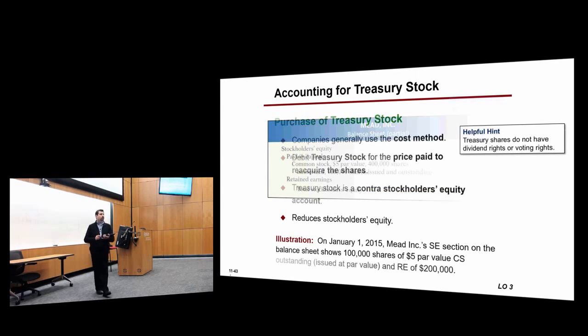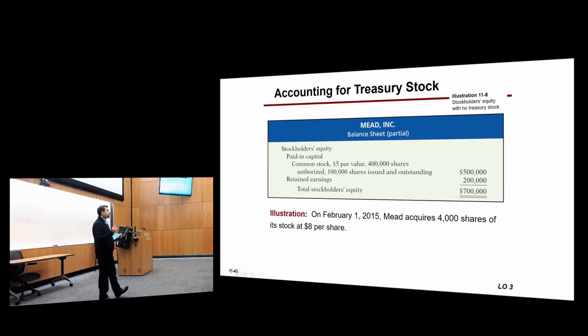Remember, when you are preparing the stockholders' equity section of the balance sheet, you have two main components: paid-in capital and retained earnings. In paid-in capital, you list whatever stocks you have, common stock, preferred stock, etc. So in this case, you have common stock.